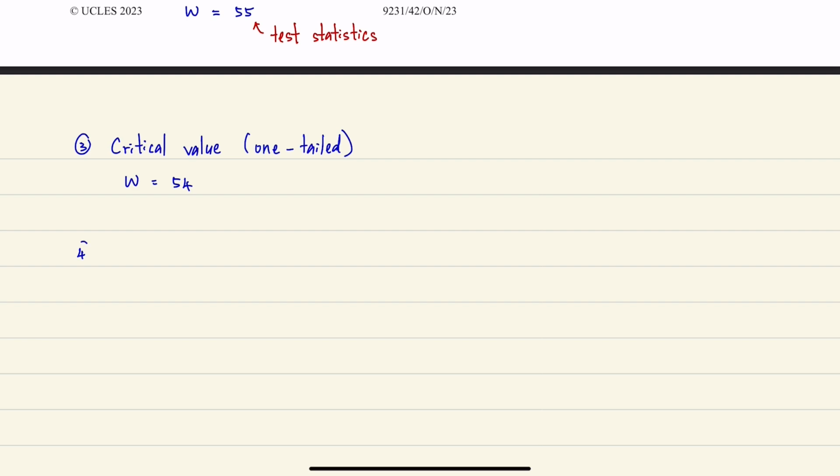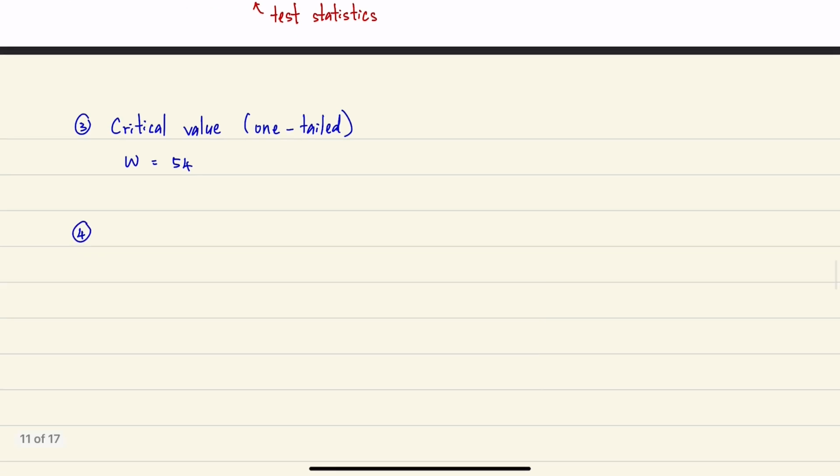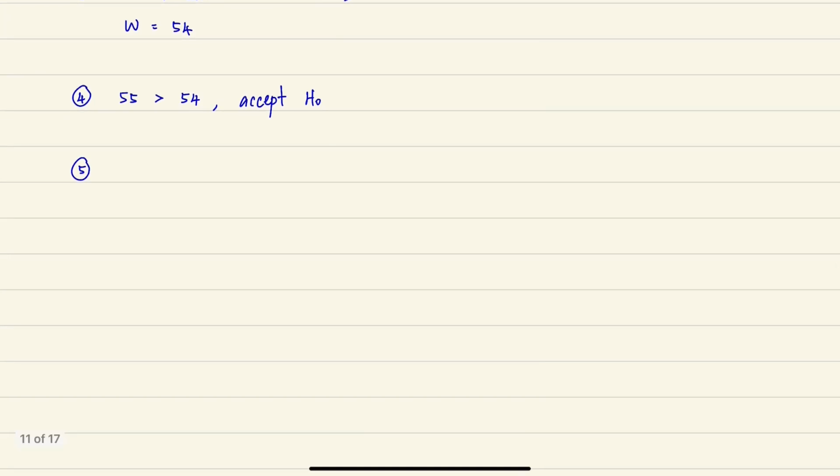So the fourth step, we compare the test statistic and the critical value. The test statistic is 55 and that's larger than 54. So we accept H0. So the fifth step would be our conclusion.